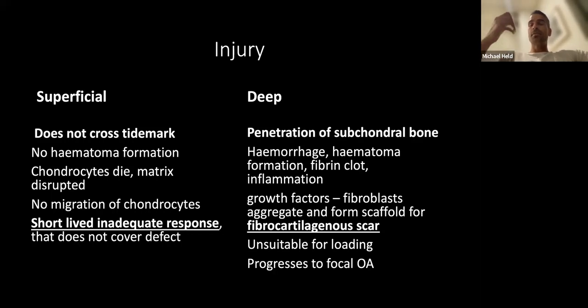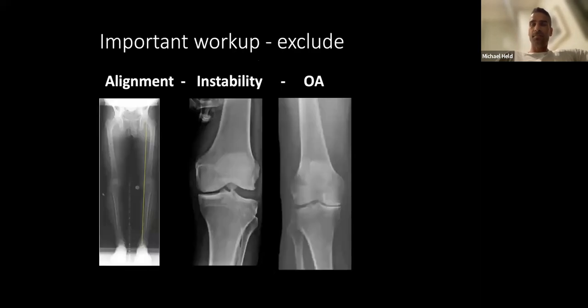And it does have a lot more fibroblasts that come and aggregate there and make a proper fibrocartilage scar. It's also not ideal for loading, and it does progress to local osteoarthritis, but it's still better than a superficial injury scar formation.